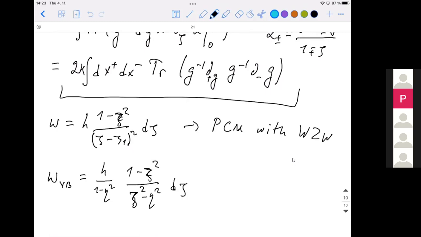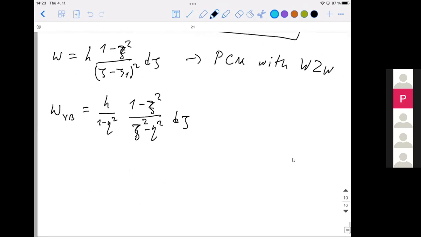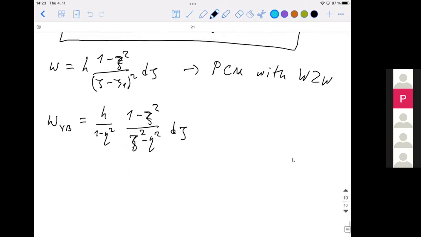So you still have the zeros of omega at plus and minus 1, but now you have the poles at infinity.